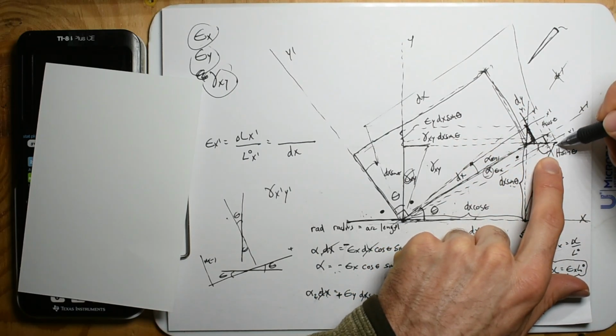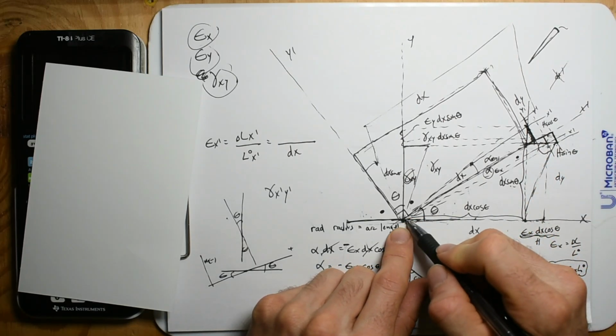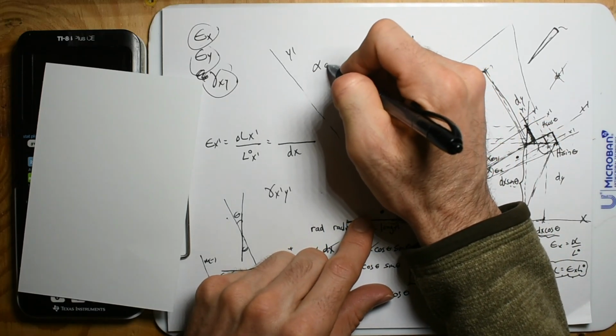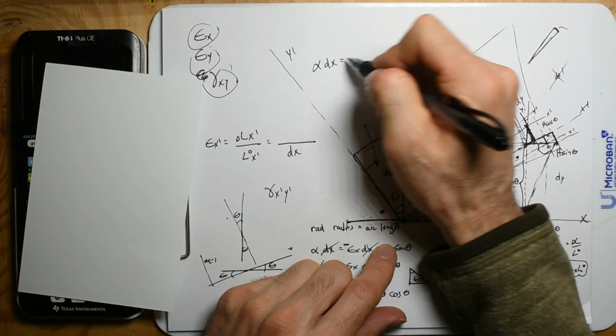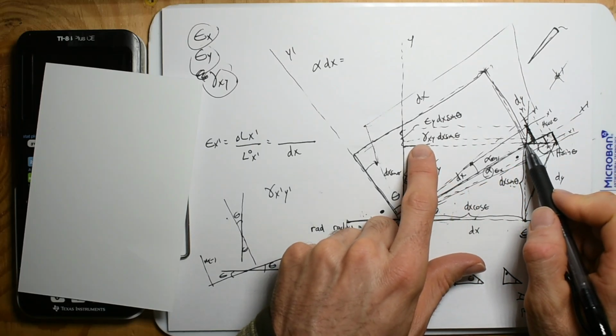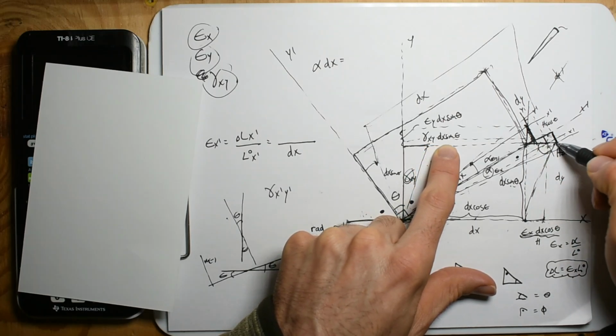I'm going to do the rotated angles. This is a component and this is a component. This is the component of the arc length. So this next alpha term, radians times radius, is this arc length. And this arc length is going to be the hypotenuse and then sine theta.